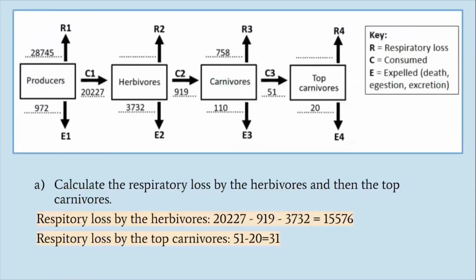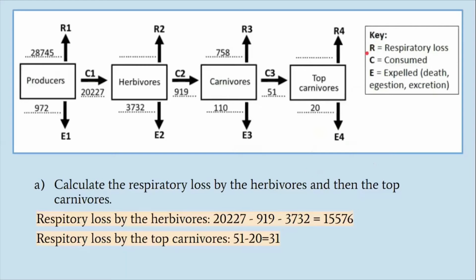So the next one, we'll take a look at this example question. We have three letters here: R, C, and E. The key states that R represents the respiratory loss. This is the glucose used in cellular respiration, and the energy that is conserved in ATP is going to be lost as heat.